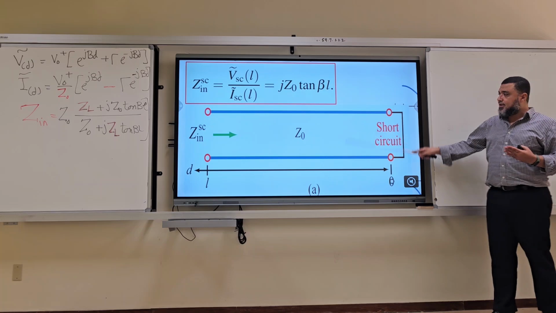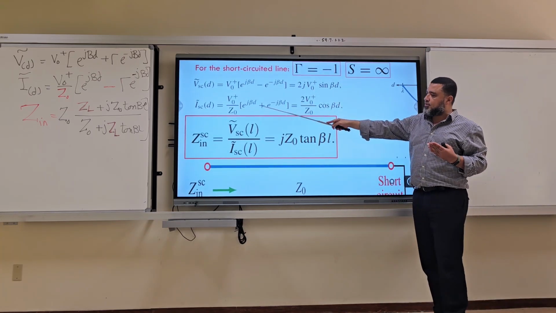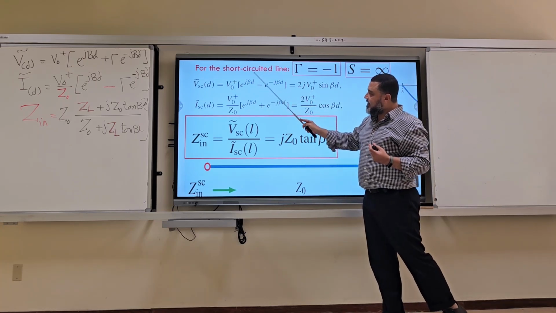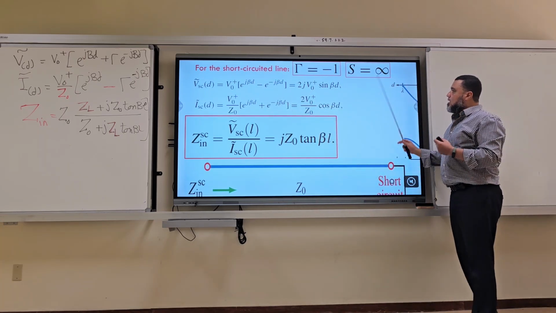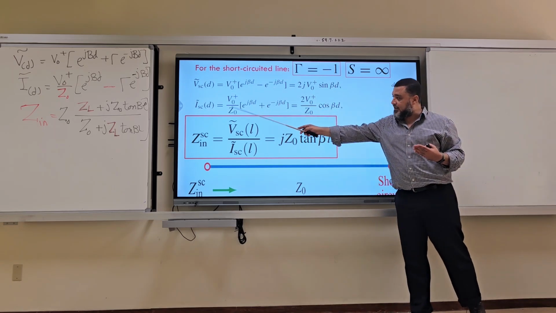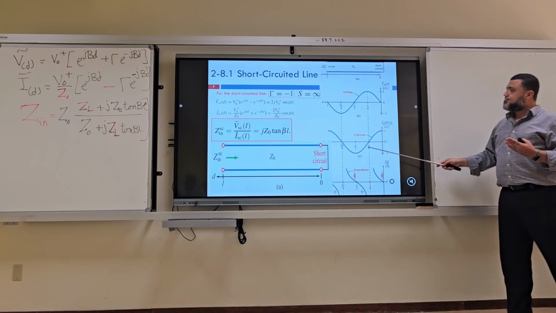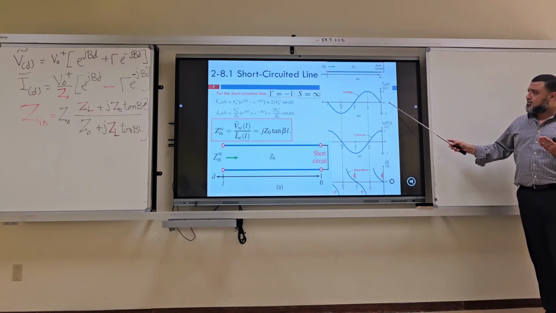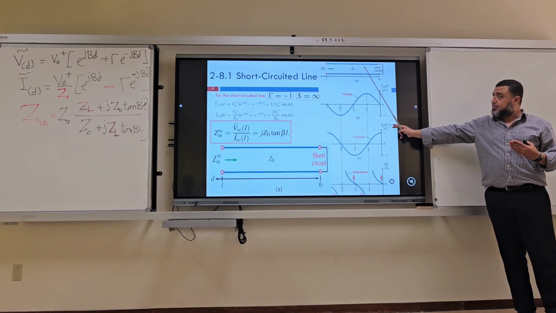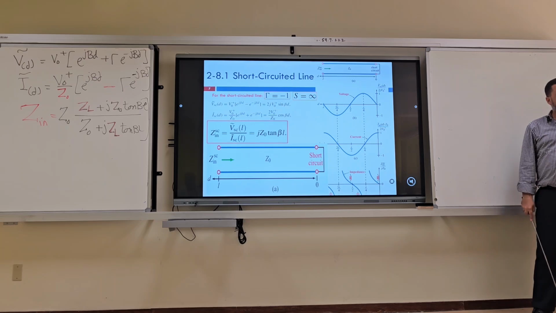If the load is short circuit, any point here will have this V and I. If you take V and I at the generator, this means D will be equal to L. So the voltage is a sine wave and the current is a cosine wave. Looking here at the variation of the voltage and the current, does this make sense? Does this behavior of the voltage on the short circuit transmission line make sense to you? The voltage and the current, this curve?